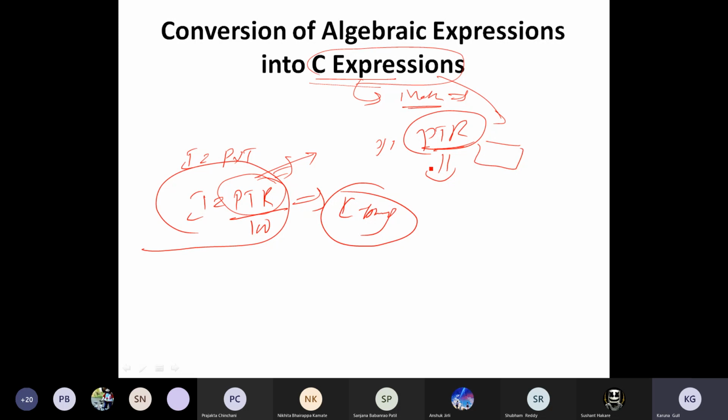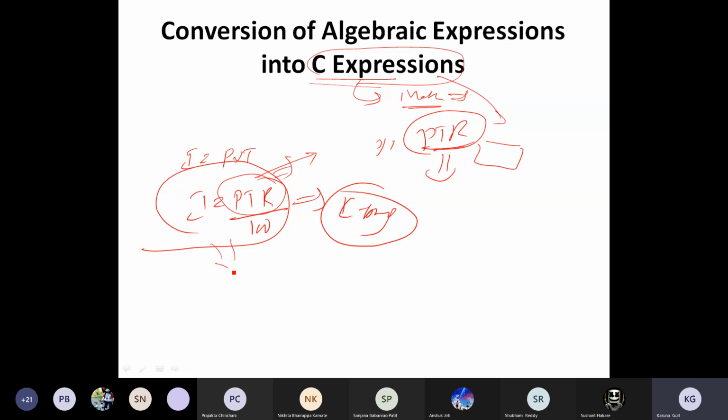That's why we have studied operators and the mathematical functions that we are going to use inside our C programming. I hope I'm making it clear. This is very important, because most of the time students make this mistake, and they come and ask, madam, it is not taking the data I am giving and it is giving an error, because you are not writing the expression properly. So you have to be very careful.